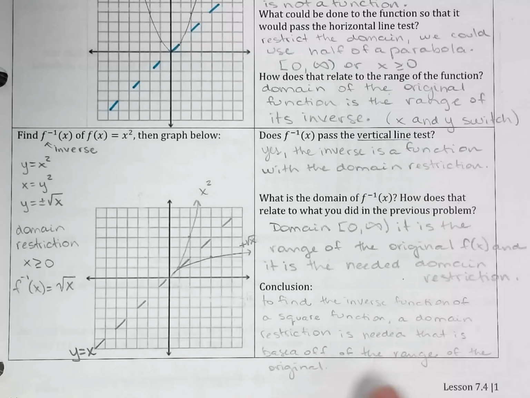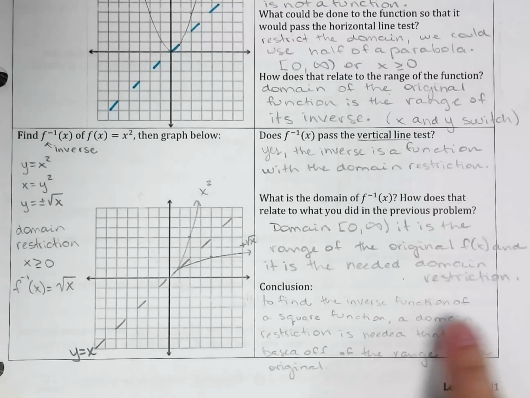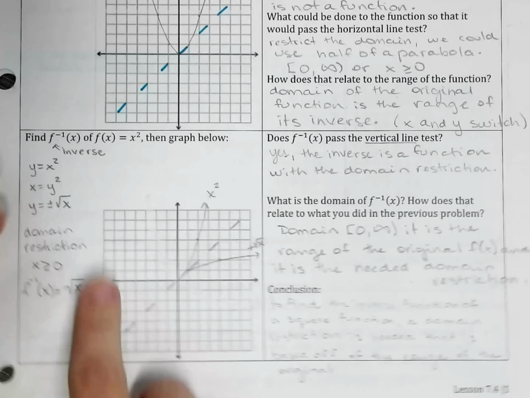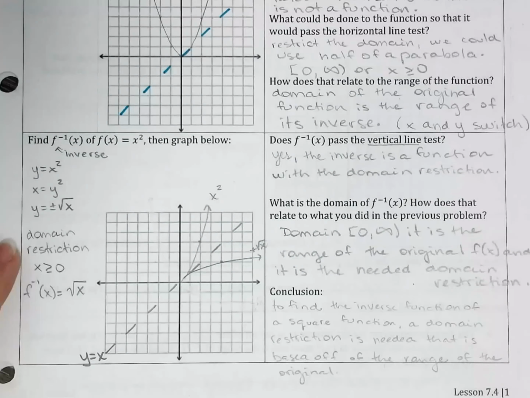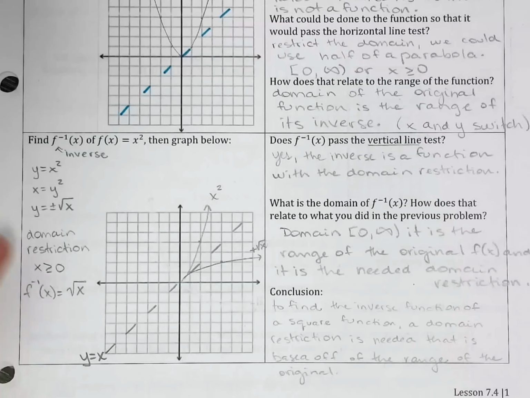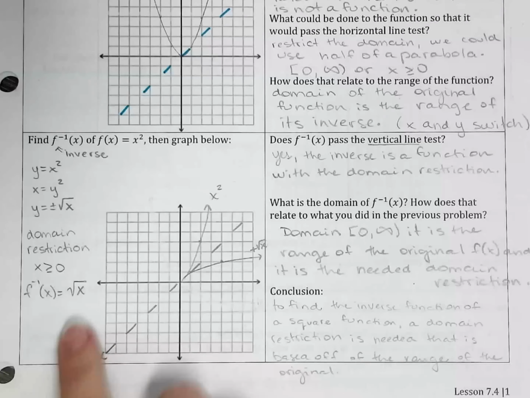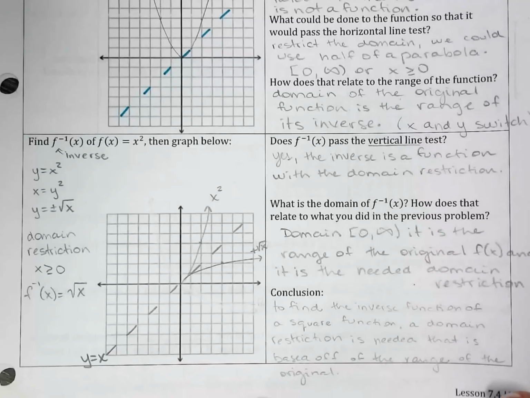So, conclusion: to find the inverse function of a square function, a domain restriction is needed that is based off the range of the original. You restrict the domain on the original, and that restricts the range there.